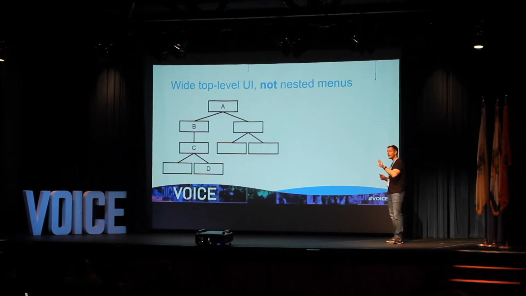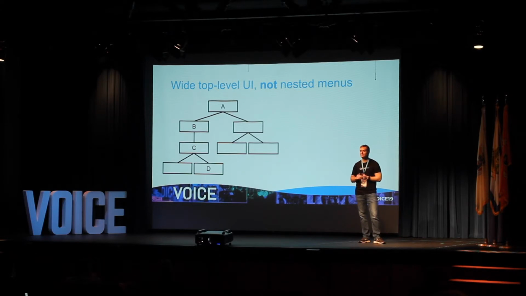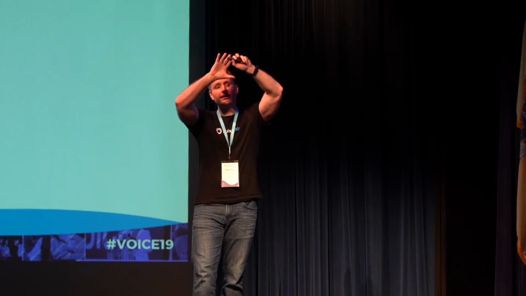So nested menus can make a lot of sense in visual design, but that's because, as I mentioned earlier, data can be presented persistently and simultaneously. Also, you can't present everything to somebody at once, or it just overwhelms the field of view and can be confusing and difficult.